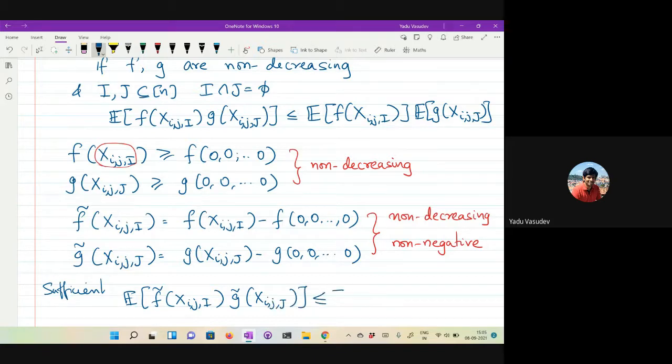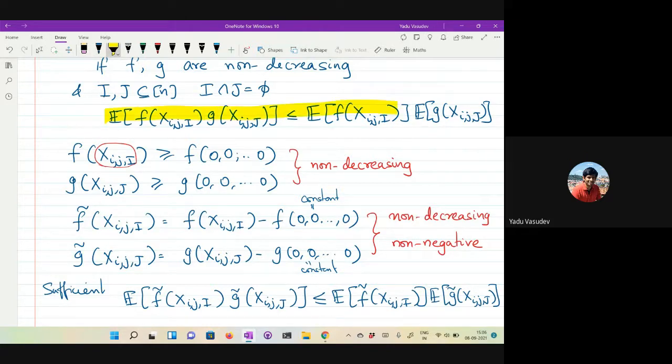If I prove this statement, then that is sufficient, right? Because f tilde is just f minus f(0,0,0). This is a constant. So if you can prove this statement, this would imply that the corresponding statement here also will hold for any such function, right?